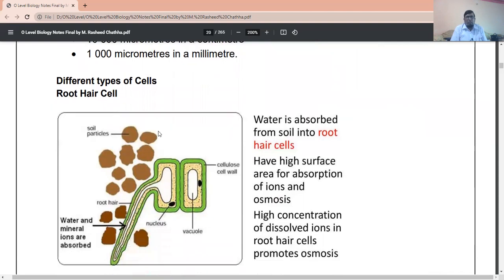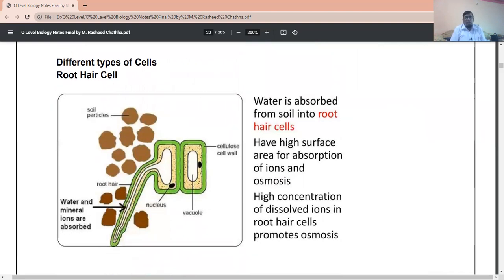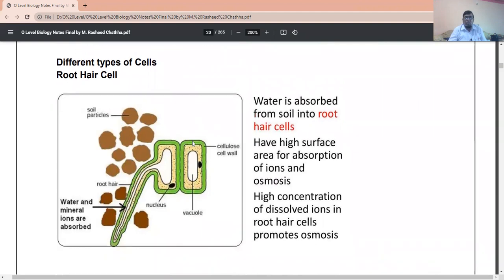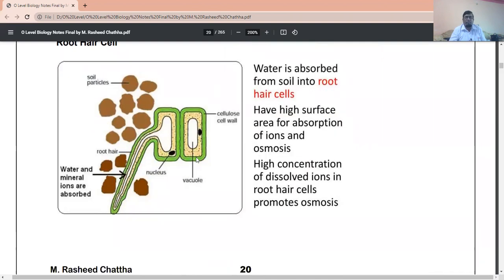Next, my dear students, what we have to study in this chapter are different types of cells, which are root hair cells, red blood cells, xylem cell, muscle cell, nerve cell.